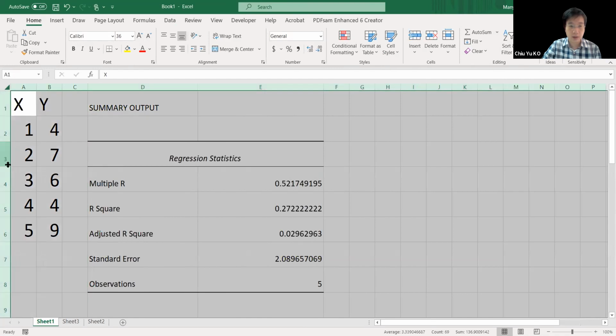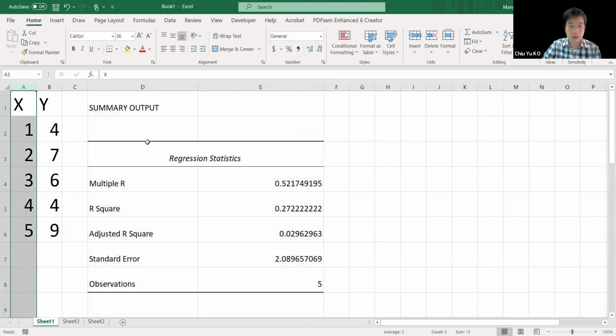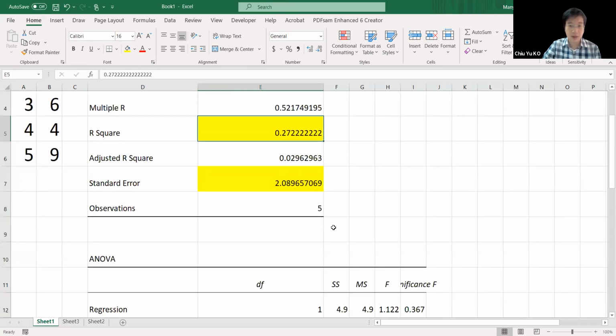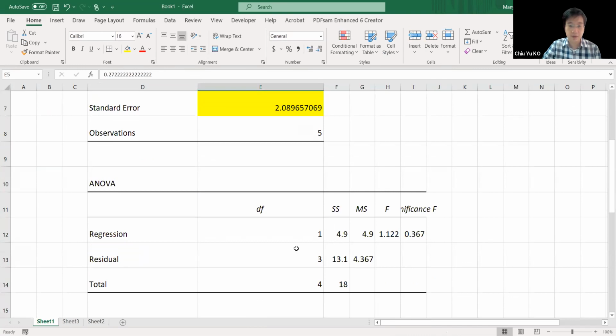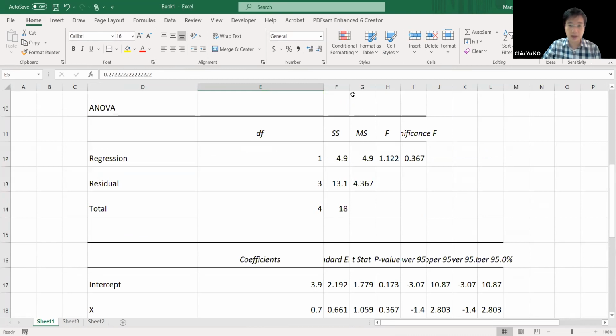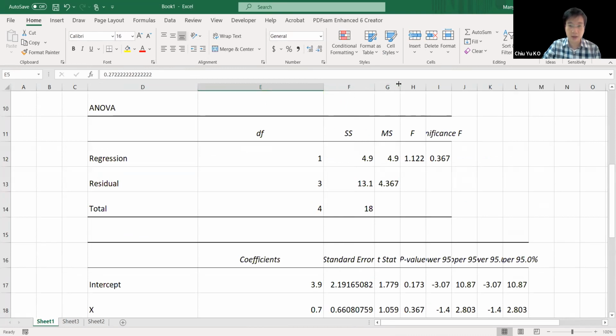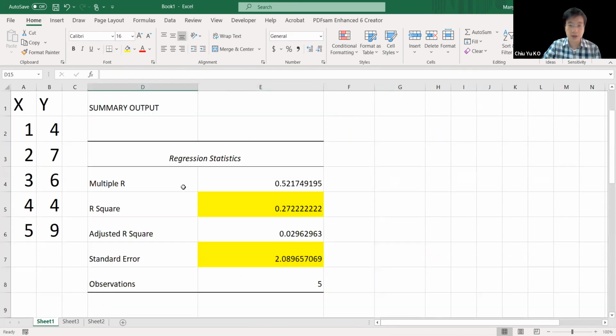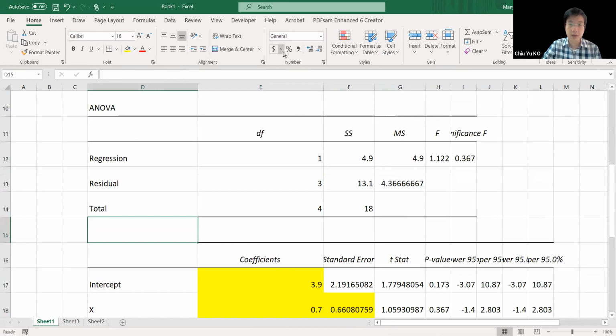So this will be the standard error, and this is R square. Then you go down here, and it will be the SSR, SSE. And this will be the coefficients, the slope and intercept. So this is the answer to this question.